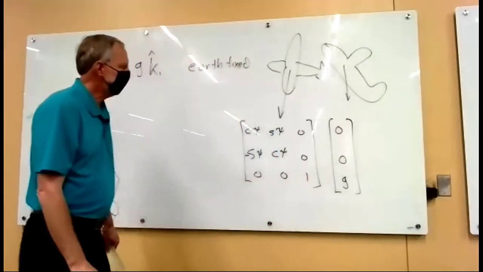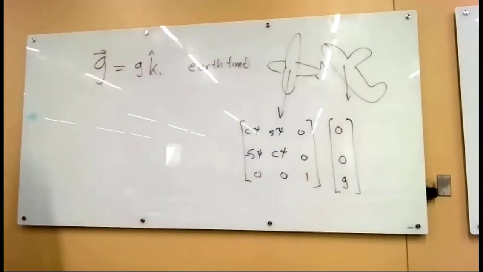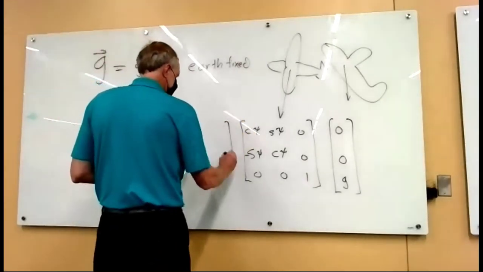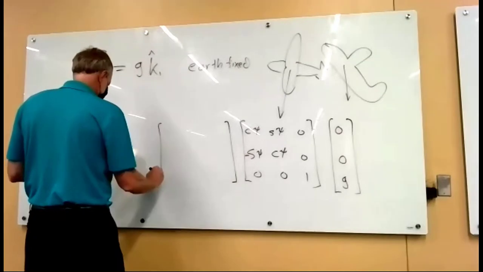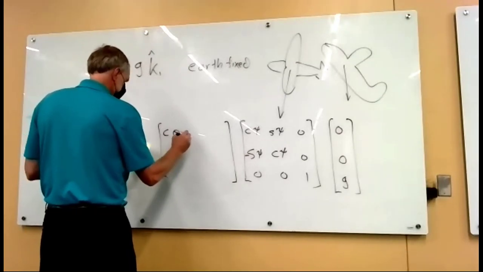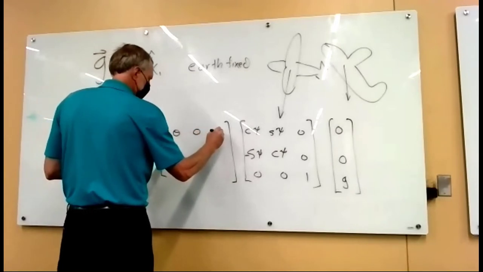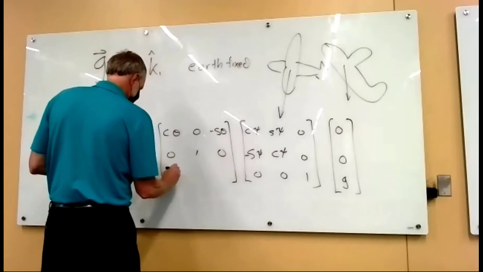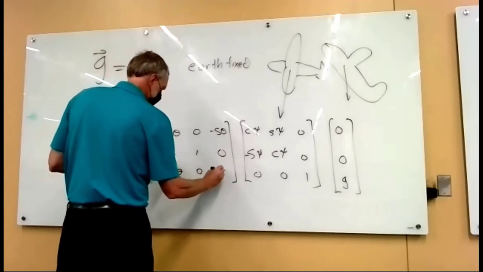I've abbreviated sine and cosine with a C and an S. So that's the transformation through psi. And then we have to do theta.